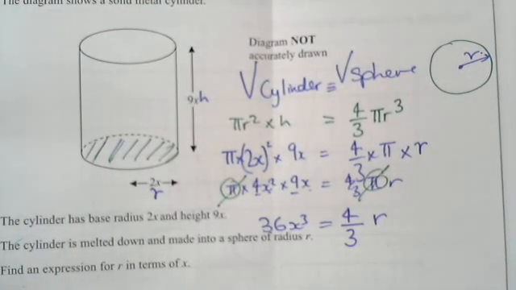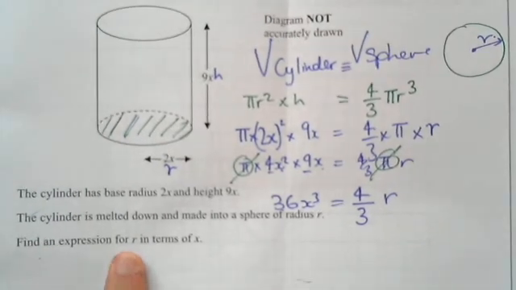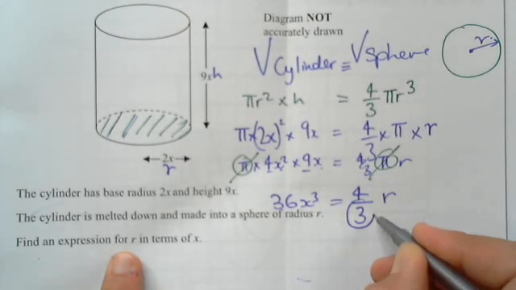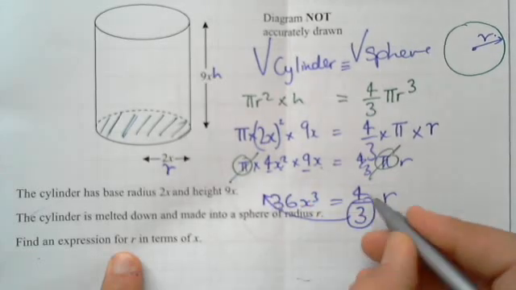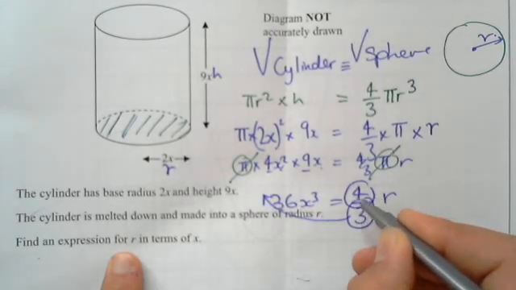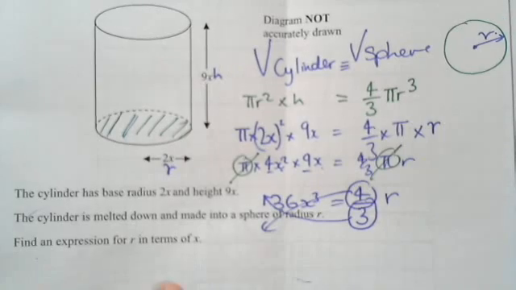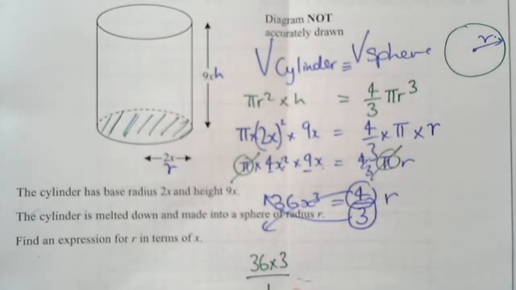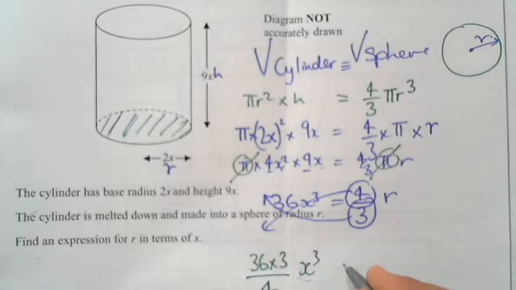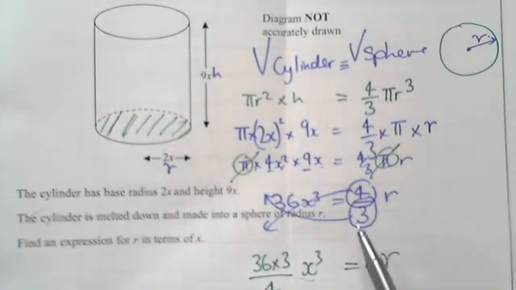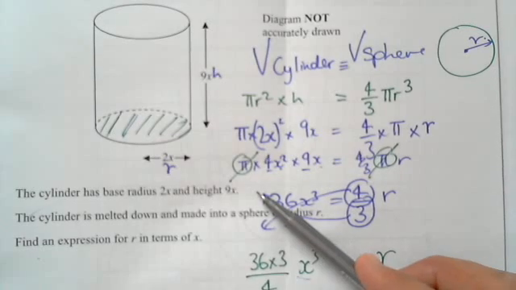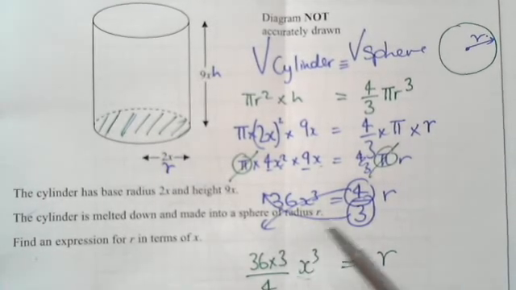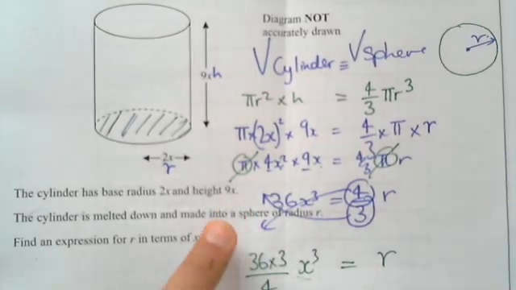Okay, now we need to rearrange this and make r the subject. So, opposite of divide by 3 is times by 3. Opposite of times by 4 is divide by 4. This is called cross multiplying, where the bottom number goes to the top and the top number goes to the bottom, because opposite of times is divide on the bottom and opposite of divide is times on the top.